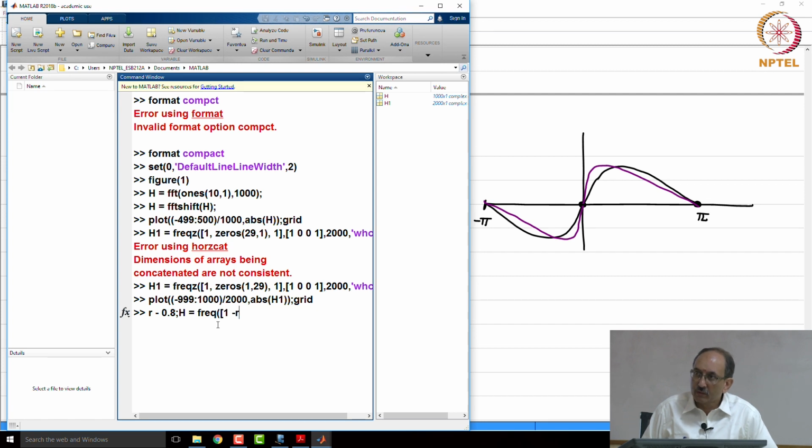Theta is 0, therefore, this stays as it is, and the denominator is 1, and I am going to evaluate this at 2000 points, around the entire unit circle.